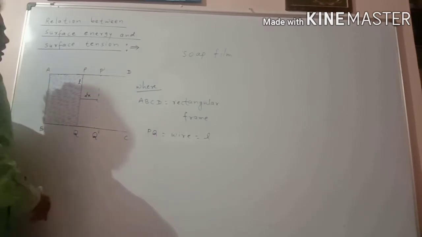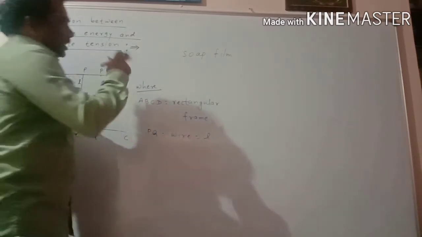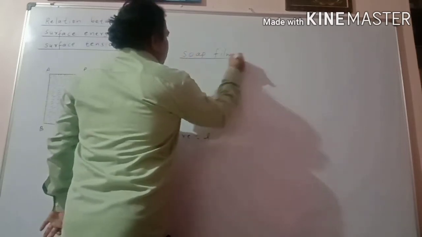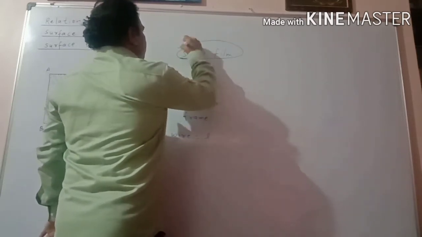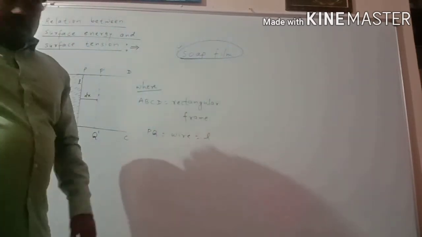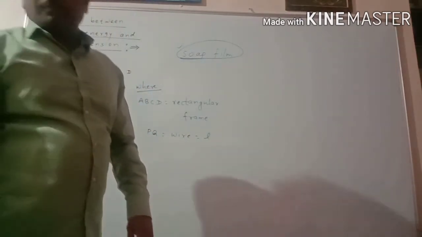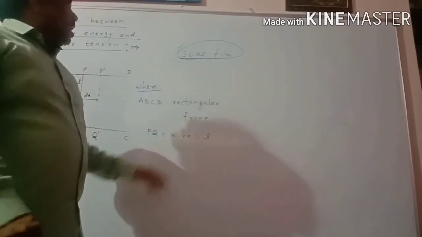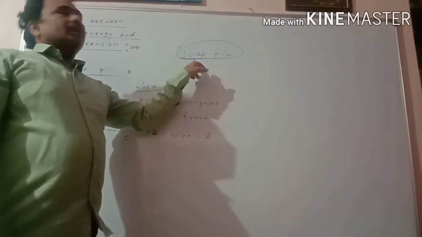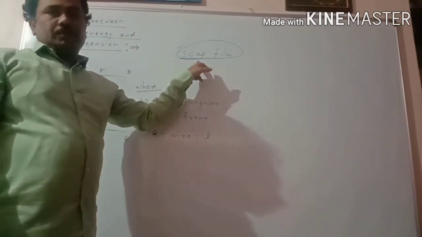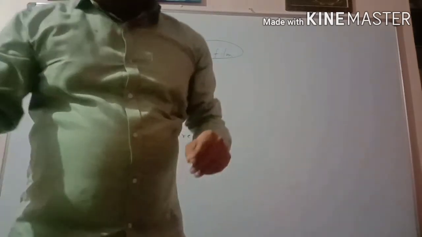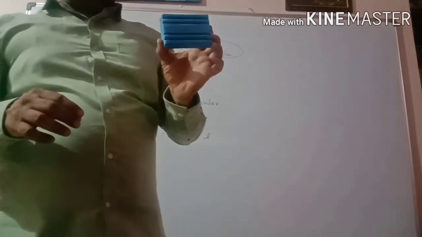Okay, so see here, in this article, soap film, this concept is very important. Now I want to give one small demo of how we can produce soap film. For that purpose, I take one soap like this.